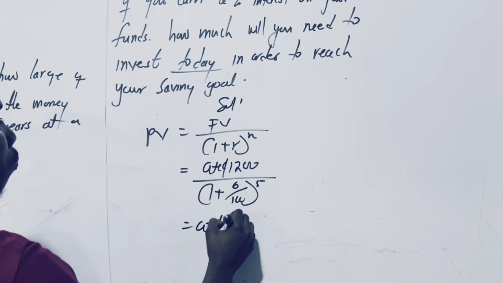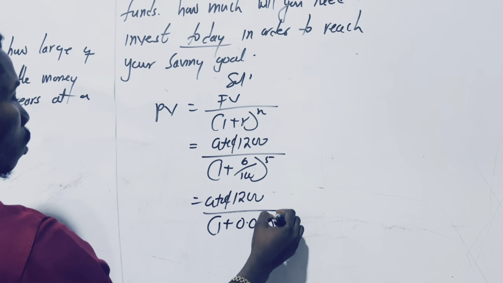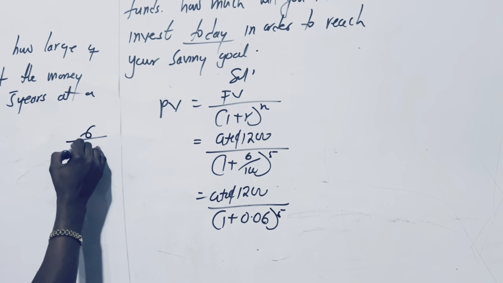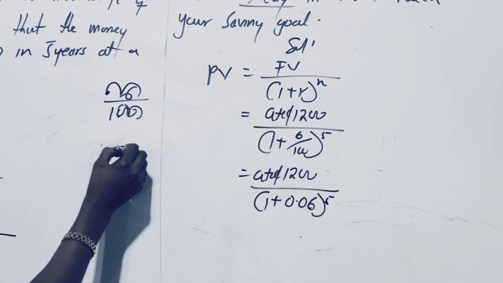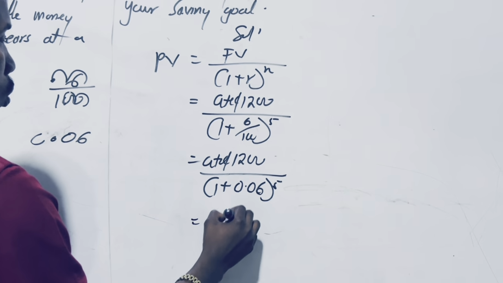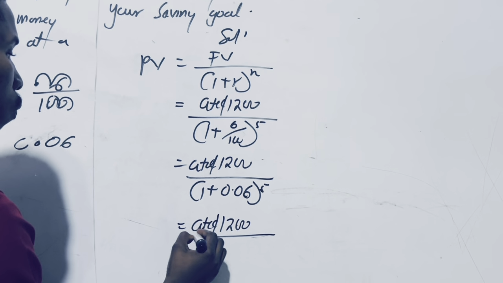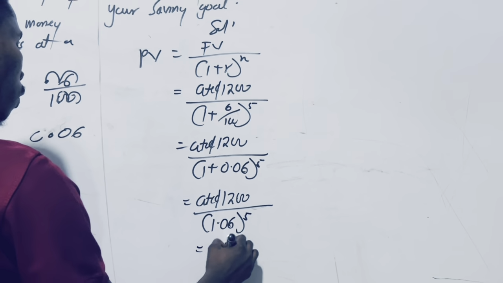So I have 1,200 over 1 plus 0.06, because 6 over 100 is 0.06. So we have 1,200 over 1.06 raised to the power 5.